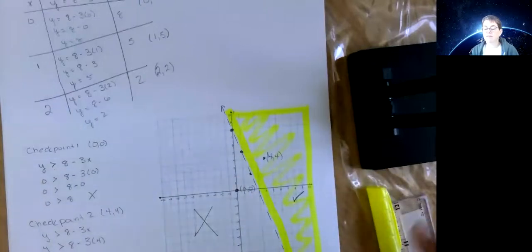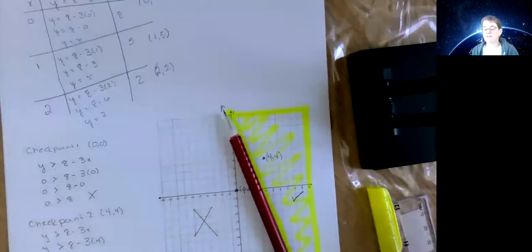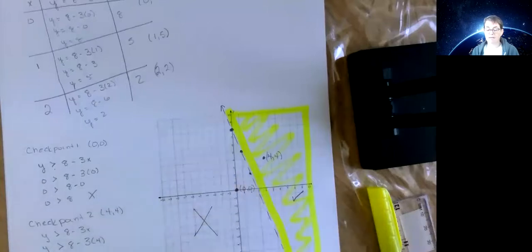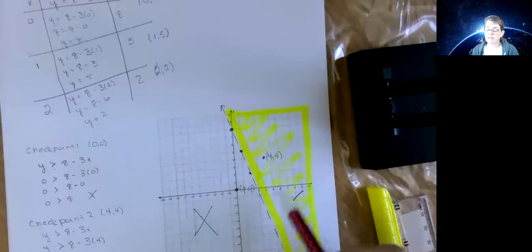We knew that line divided the graph into two halves, one which was the half we want, and the other part that we don't want. So that's where checkpoints come in. I picked my first checkpoint, 0, 0. And it didn't work, so I put a big X on this side and labeled my point. Then I picked a point on the other side of the line, a nice double point, 4 over and 4 up, and did the math.